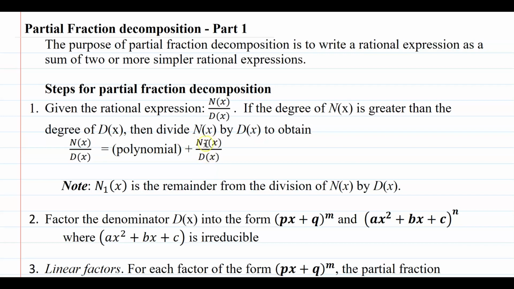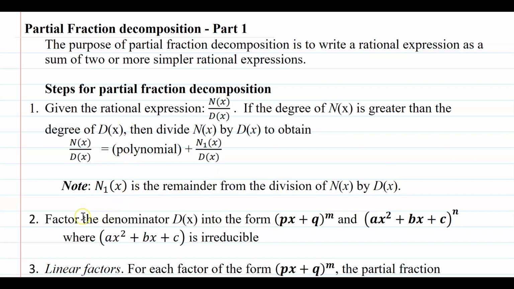The remainder is denoted by N1 of x. You only do step number 1 if the degree of the numerator is greater than the degree of the denominator. If the degree of N of x is not greater than the degree of D of x, then you can skip step number 1.